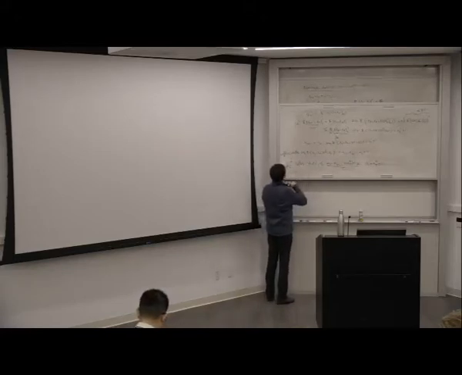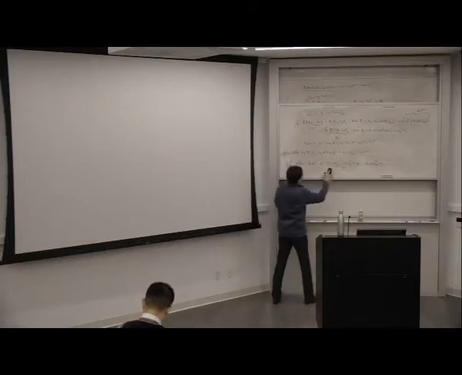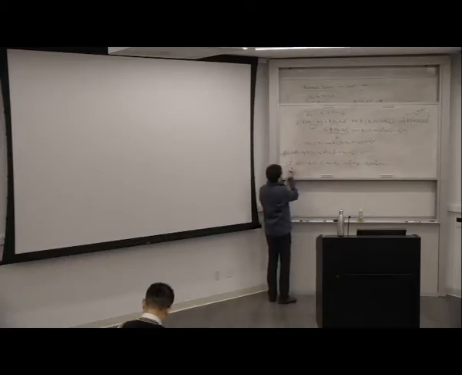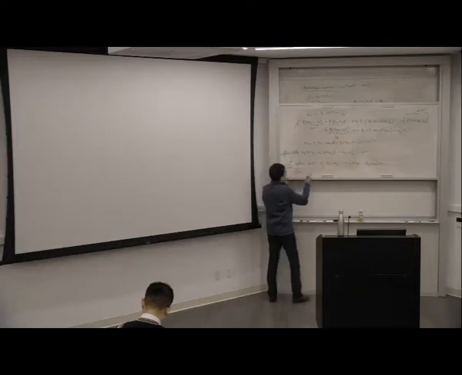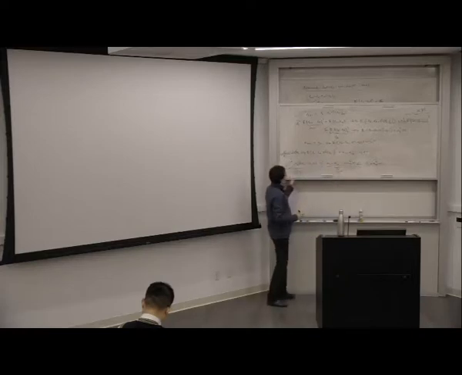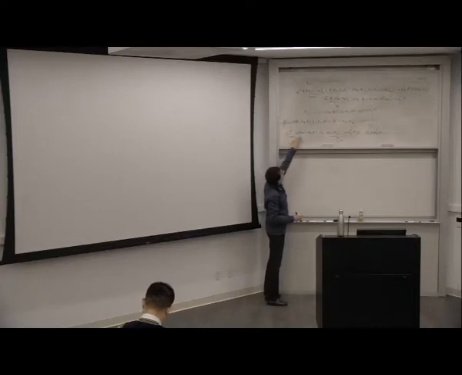So if I divide it by the summation of alpha i's, from 1 to t, then you can see that I have the average of these functions.